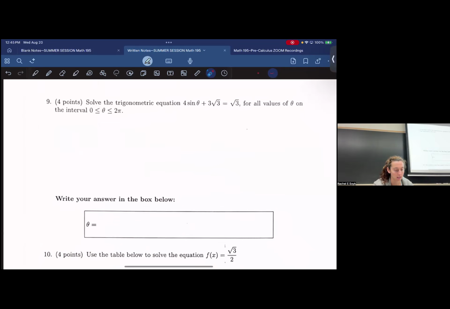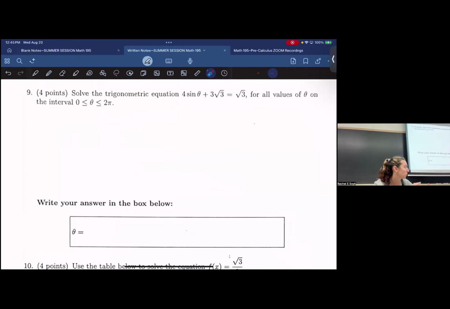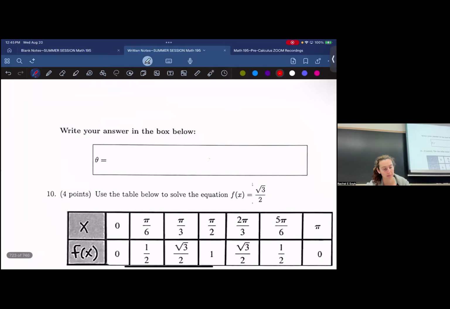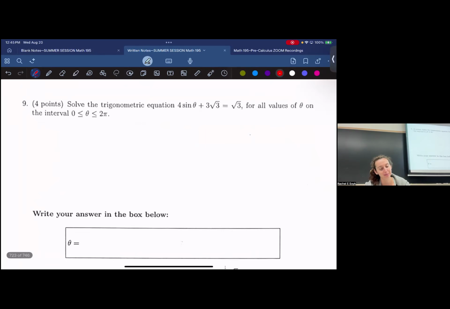Question 9, another trigonometric question. We're asked to solve this equation, and lucky for us, they give us bounds, which means we have some definite answers here. The first thing we should do is subtract 3 square root of 3 from both sides.